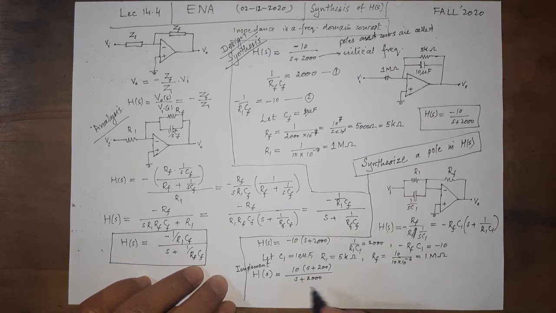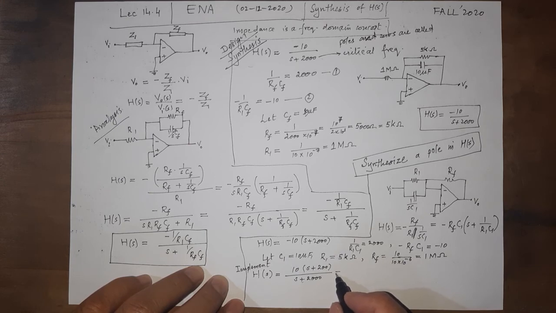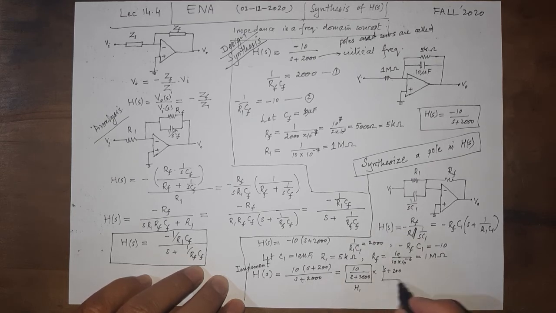So someone says, make me this. You can very easily see that we can write this as 10 over S plus 2000 into S plus 200. So we can say this is H1 of S and this is H2 of S. So the product of H1 and H2 is H of S.